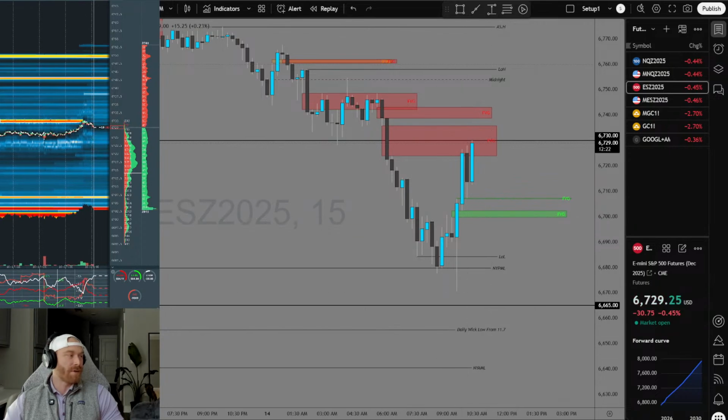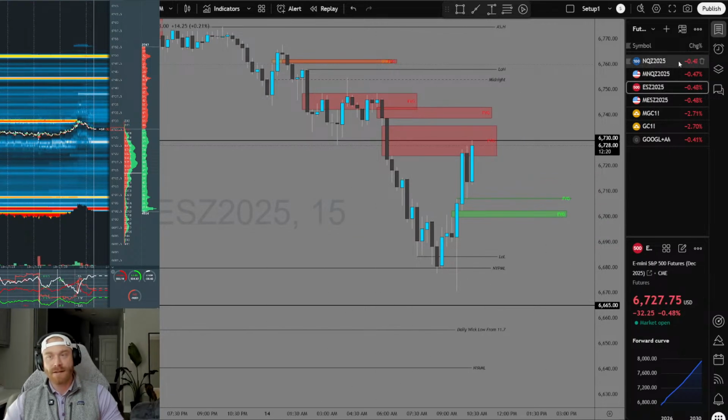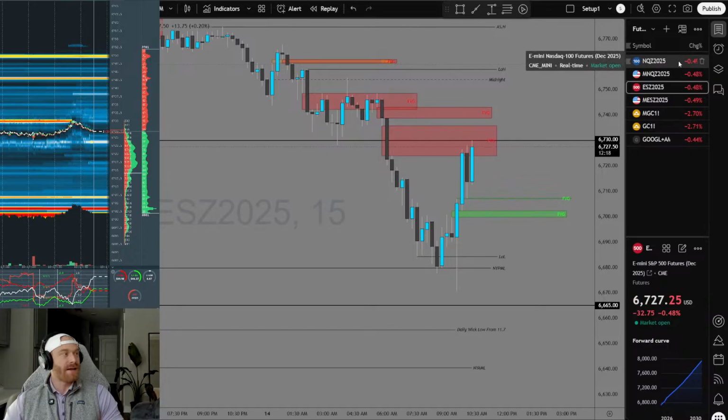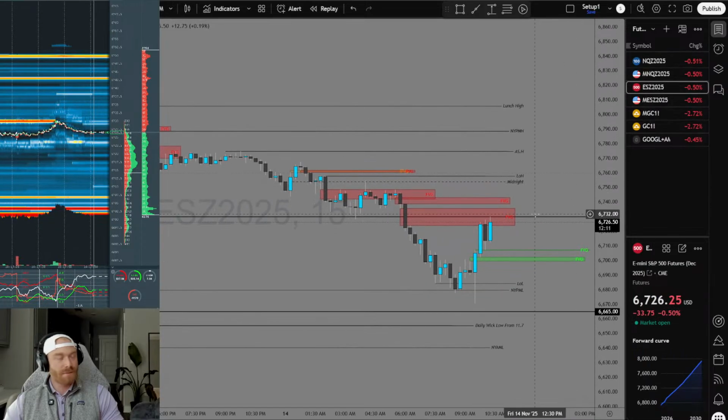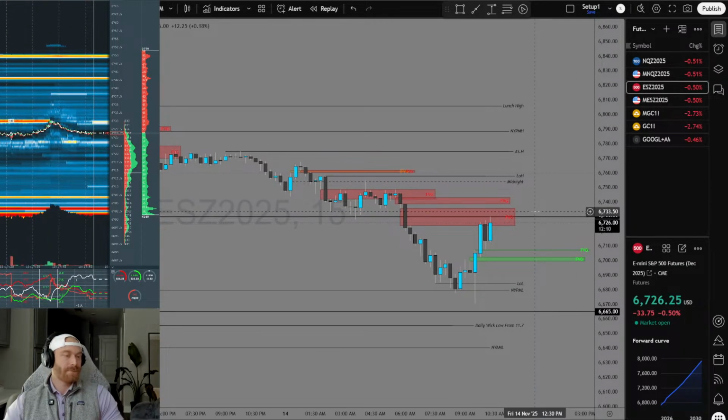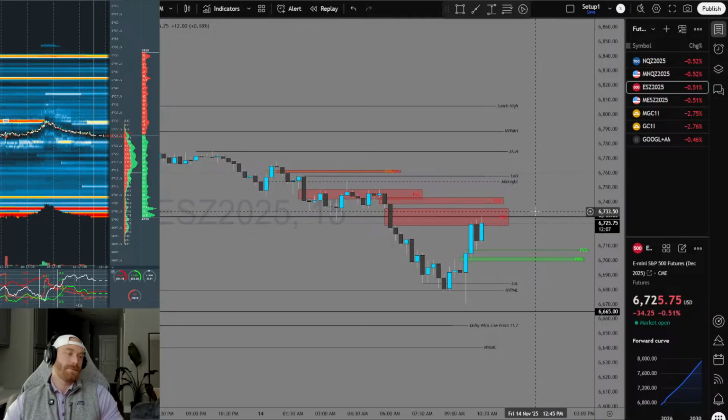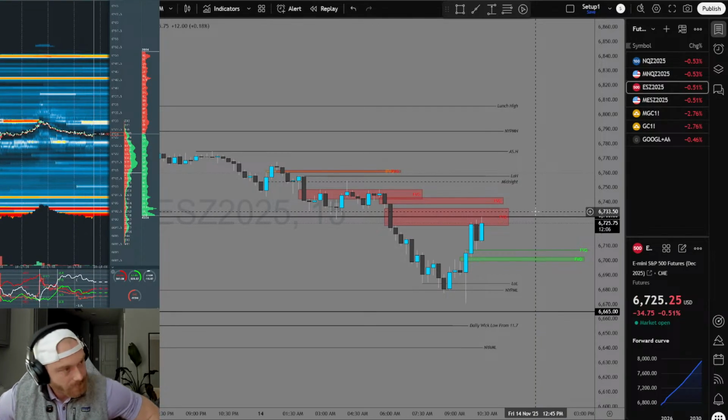I'm not convinced, dude. The Bookmap is still lit up way more to the downside than to the upside here. So I'm not fully convinced of the long, but we'll see what happens. Close this.